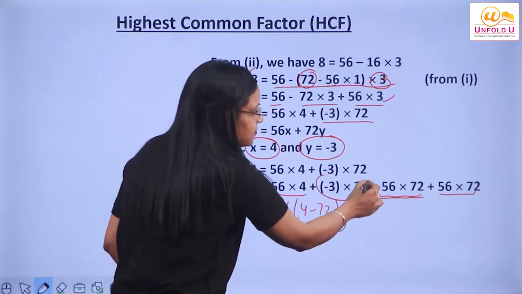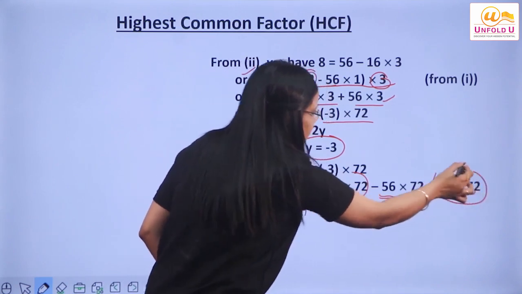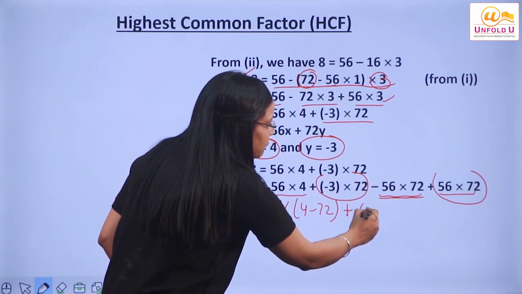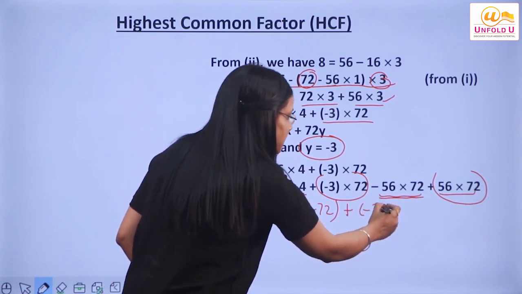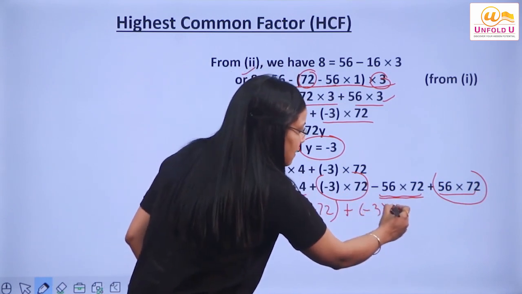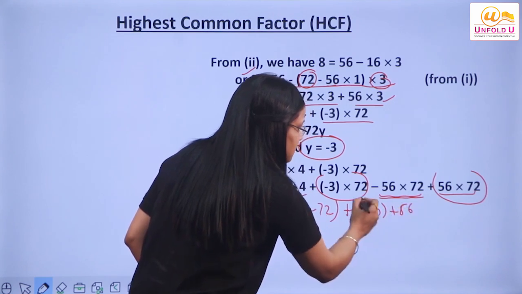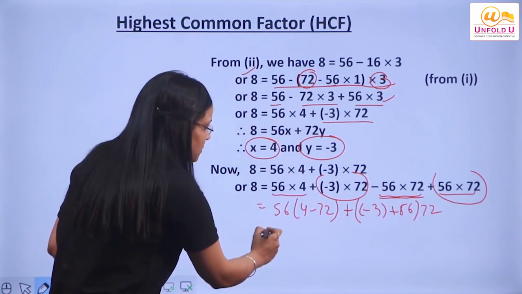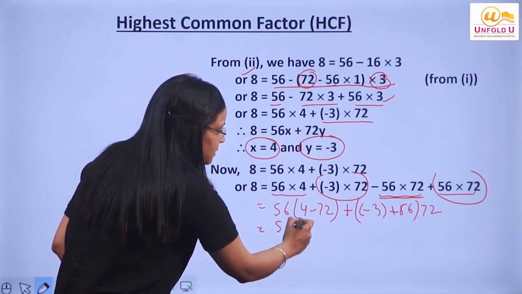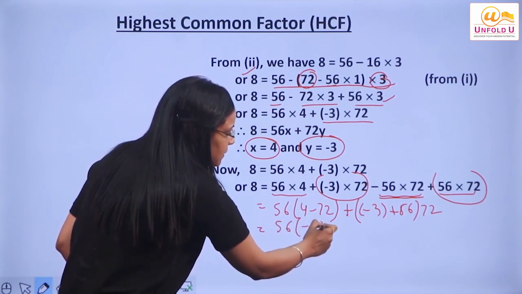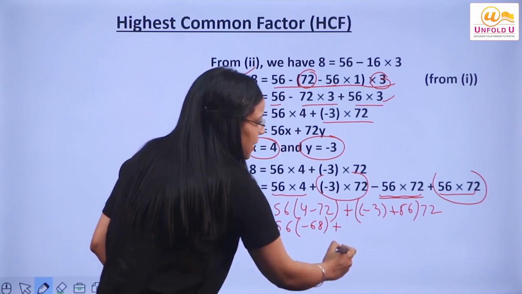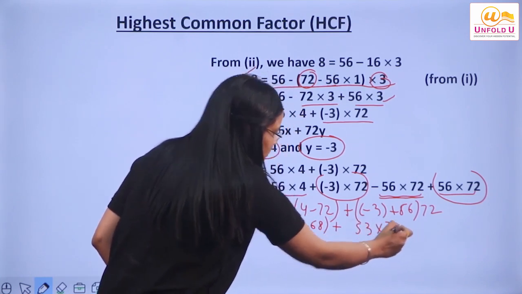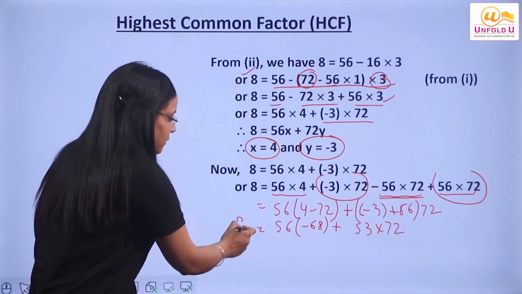And combining this and this term, here 72 is common. So we can take it out. So inside we are left with minus 3 plus 56. So solving this, we get 56 into minus 68 plus 53 into 72. So this is equal to 8.